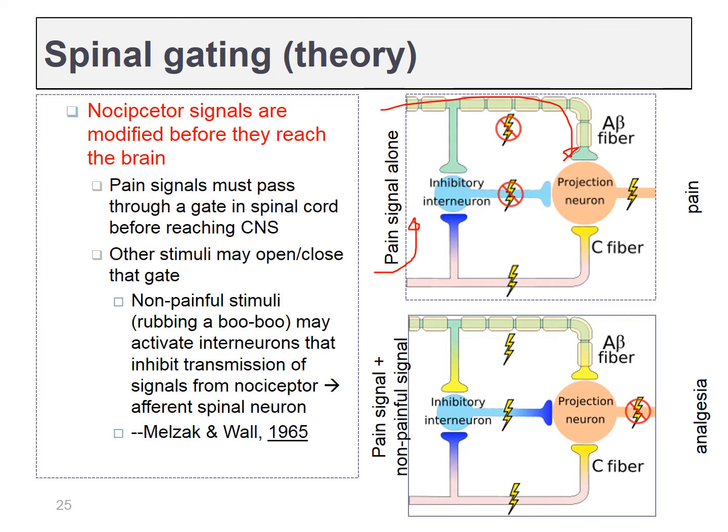And the painful stimulus on its own would be more painful than a painful stimulus plus a touch stimulus. So that was a pretty good theory, and they came up with this map here of maybe how it worked. And it turns out not to be right, and yet we've all done that. We all rub our knee when we get a boo-boo. So what does happen? And it turns out pain does change, just not this way.